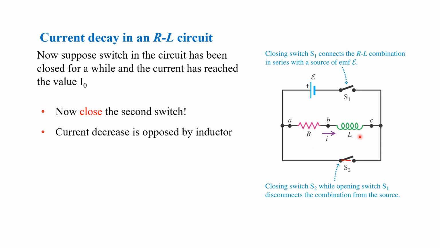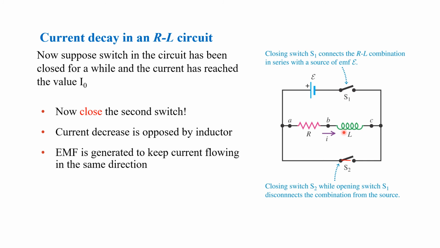Again, your inductor opposes any sudden change in your current, so it will not immediately go to zero. There is an EMF that is generated to keep the current flowing in the same direction. Thus, the current doesn't drop to zero immediately, and again, this is because of your inductor.